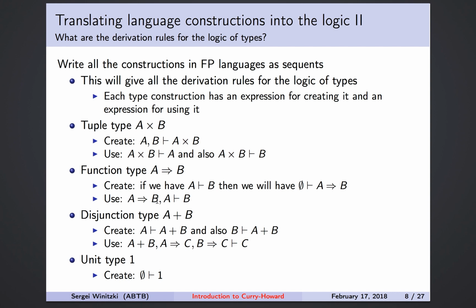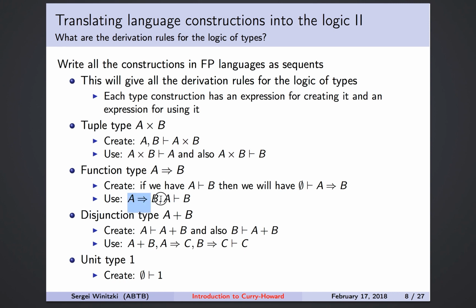Using the function means applying it to an argument. So if we have an expression of this type, which is a function already somehow created and computed, if we have a value of the argument type, then we can compute a value of the result type. The expression for this is the application of function to an argument.